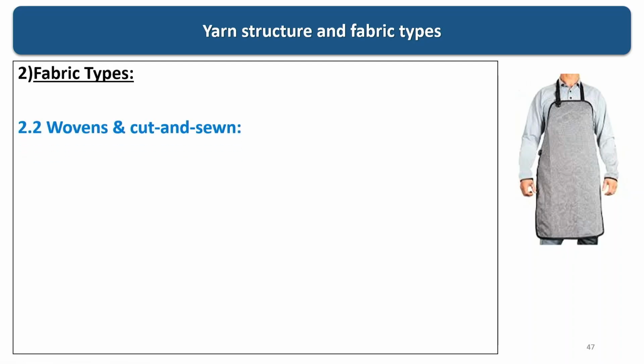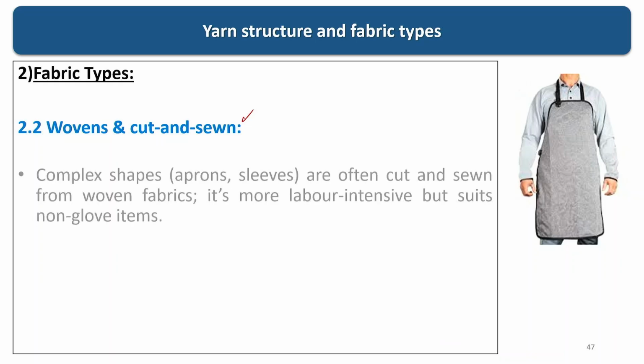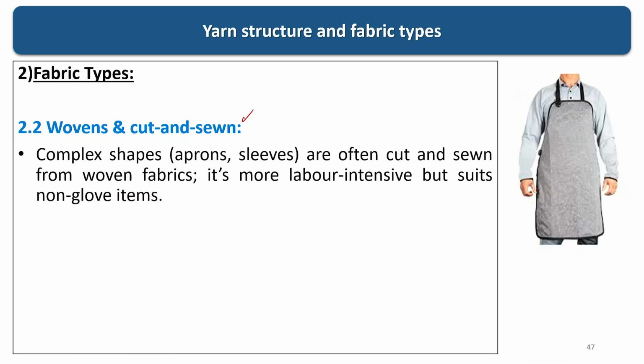And apart from this knitted fabric, we can use woven fabrics, and after producing we cut and sew. So, cut and sewn woven fabrics are used. Complex shapes, aprons and sleeves are often cut and then stitched from the woven fabric.